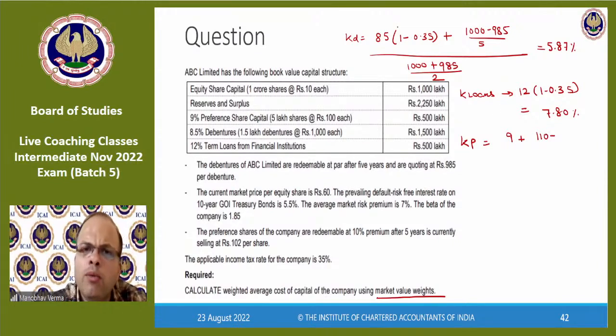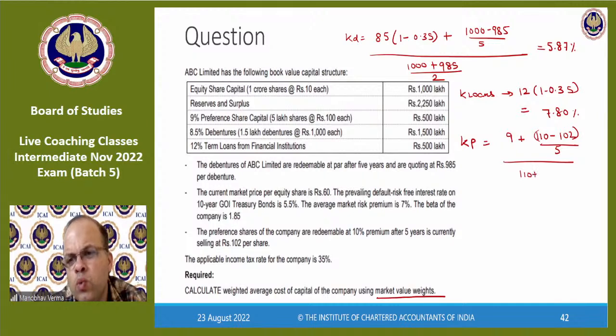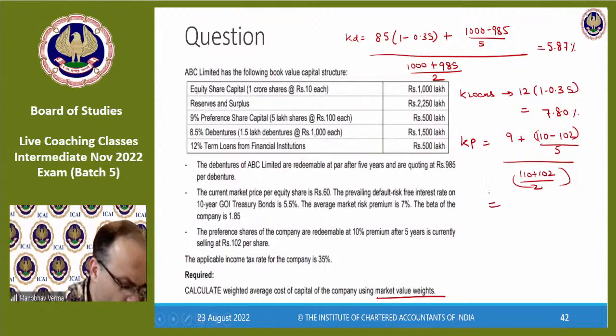Since we are talking about the existing preference shares, guys, it is 110 minus 102 upon 5, all over 110 plus 102 upon 2, which is the average. What is the cost of preference shares, guys?